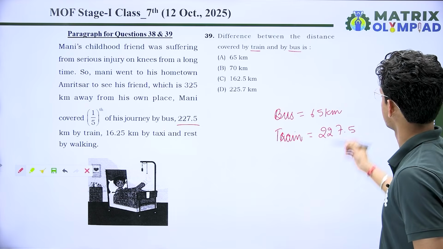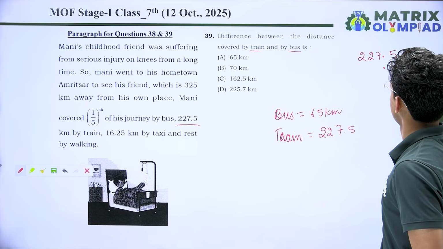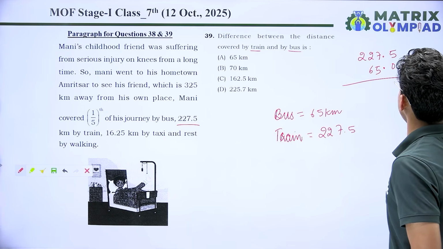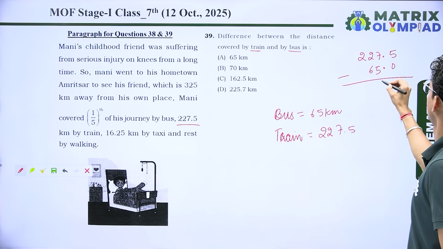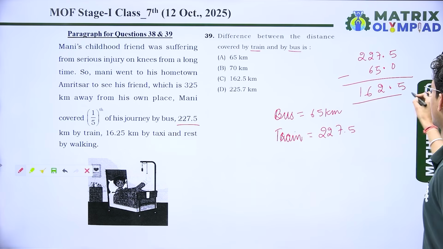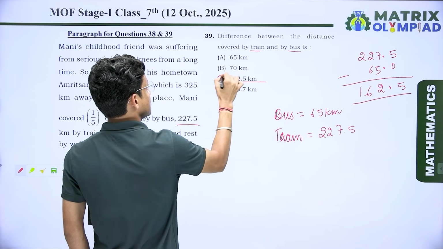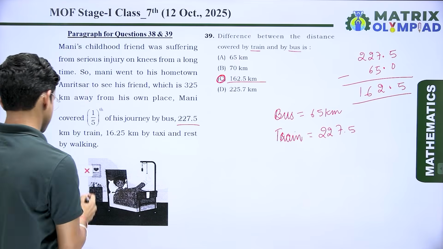We have to find the difference, so I can write here 2 to 7.5 minus 65. When I subtract it, we get 5, we get 2, and 22 minus 6 we get 16. So 162.5 kilometers. It means option C is the correct answer over here.